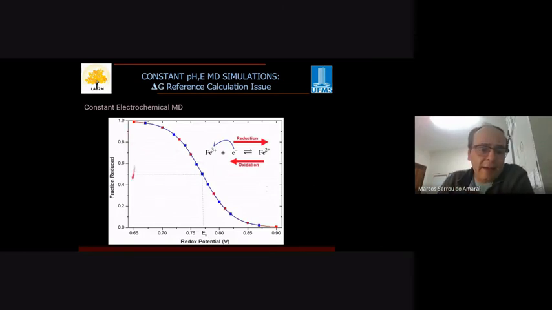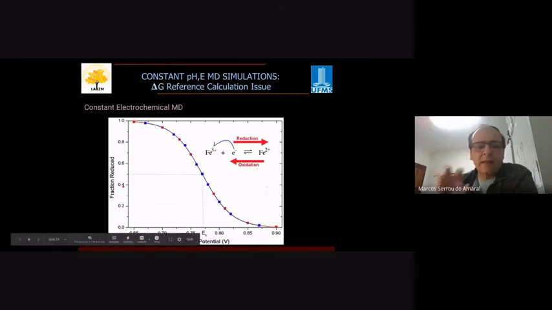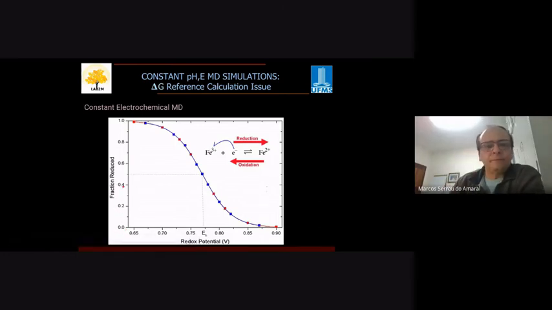Here, the information is about the fraction reduced. For example, in most of these simulations the fraction is close to 100%, so our system is in iron 2+.